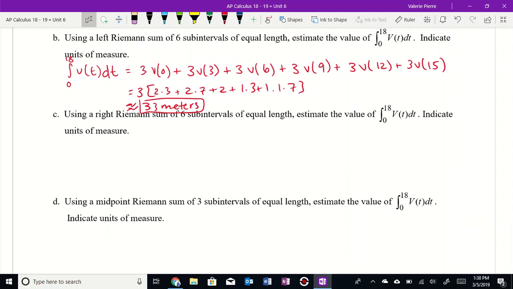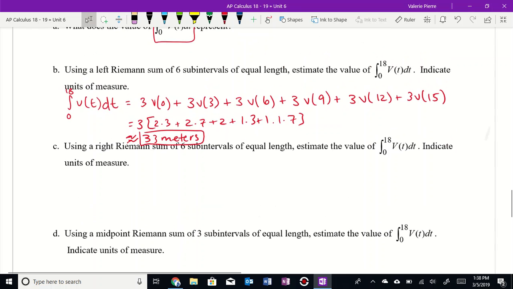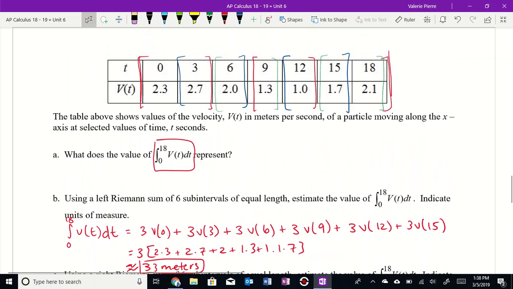Now we want to use a midpoint Riemann sum of 3 subintervals of equal length to estimate the value from 0 to 18 of v of t dt. So now we want 3 subintervals. So if we look closely, we can have 0 to 6 as one subinterval, 6 to 12 as another subinterval, and then lastly 12 to 18 as our third subinterval.